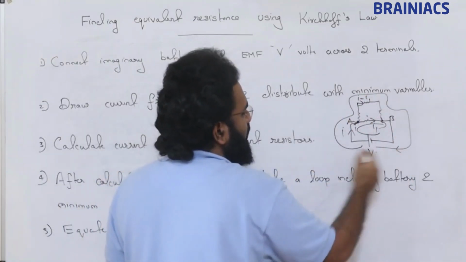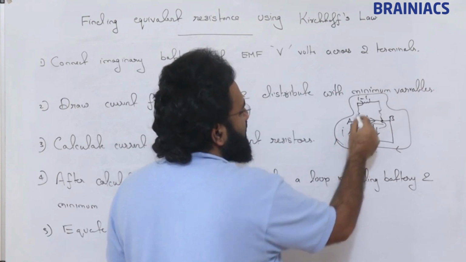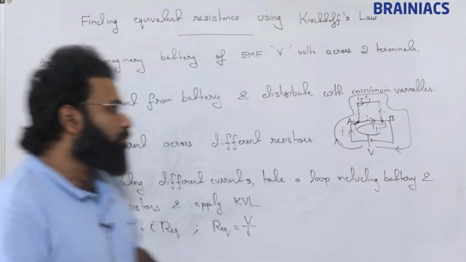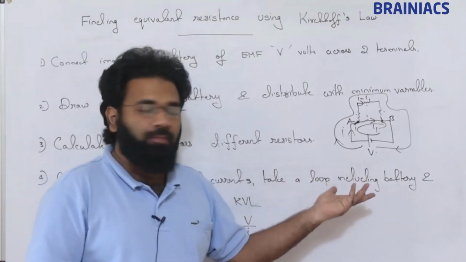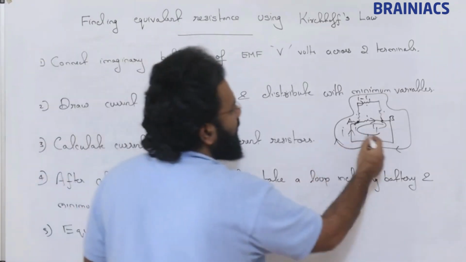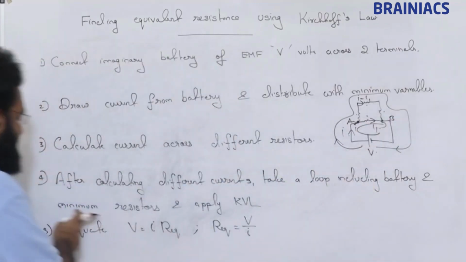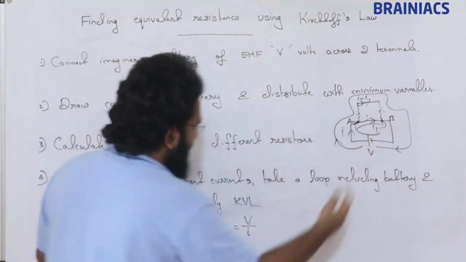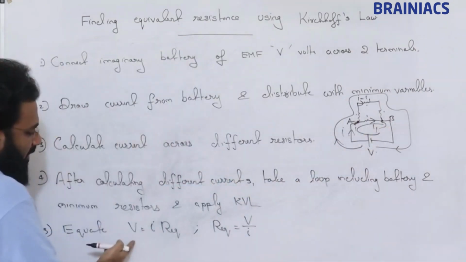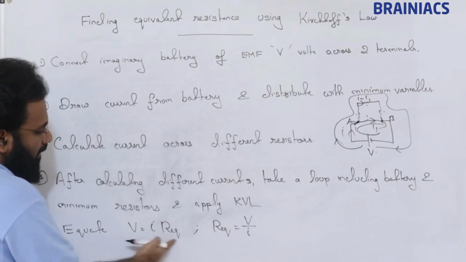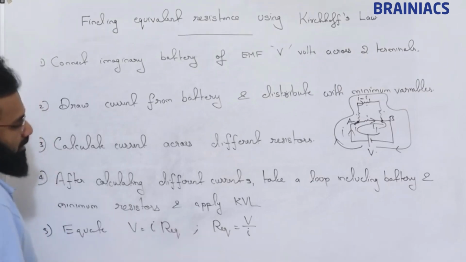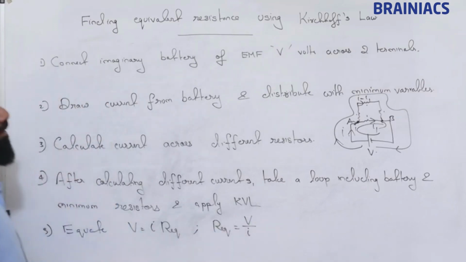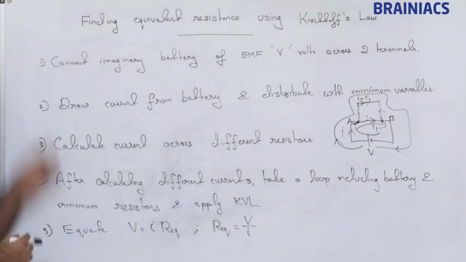But this includes this resistance, this one, this one, so it will take the calculation to another level. We may lose time, so take a loop with the minimum number of resistances. Then apply KVL and write it this way: V is equal to I into R equivalent. R equivalent is equal to V by I. Okay, these are the steps.